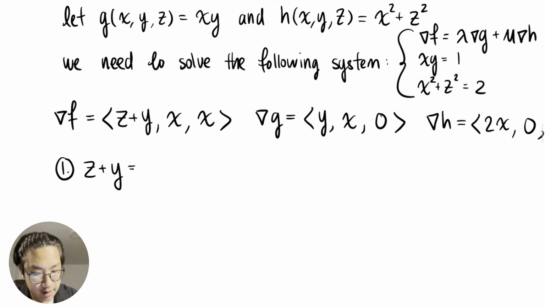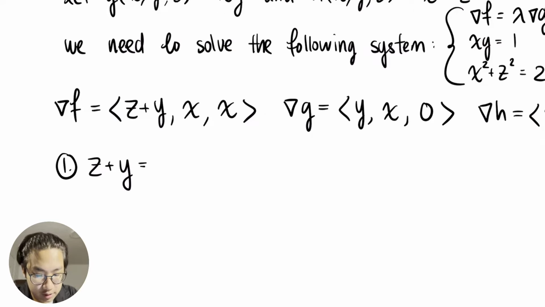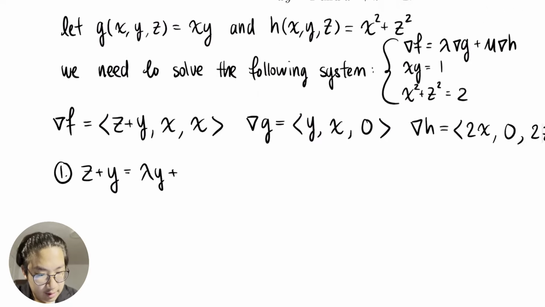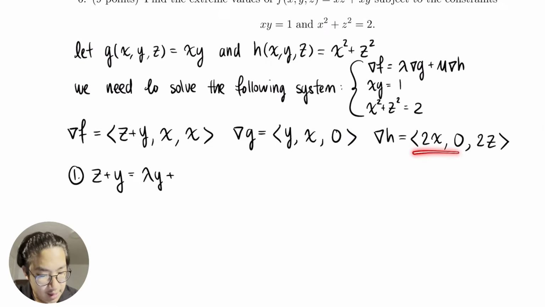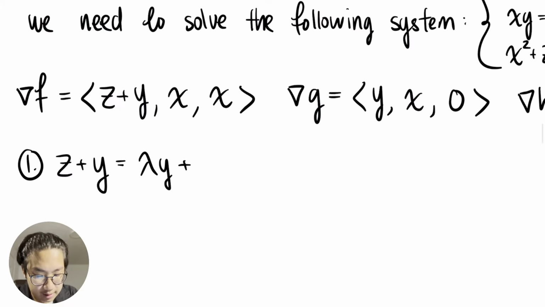So lambda times y, plus mu times the x component, so 2 mu x.